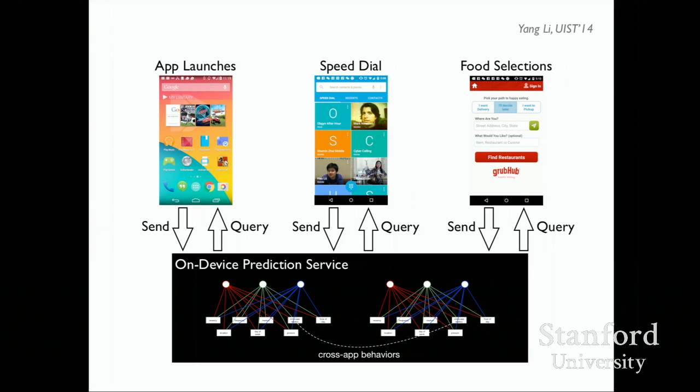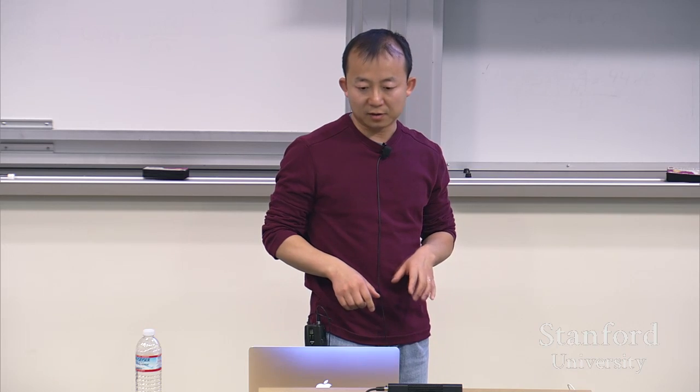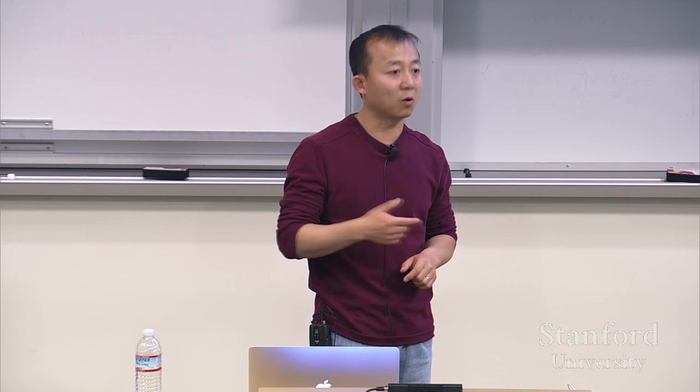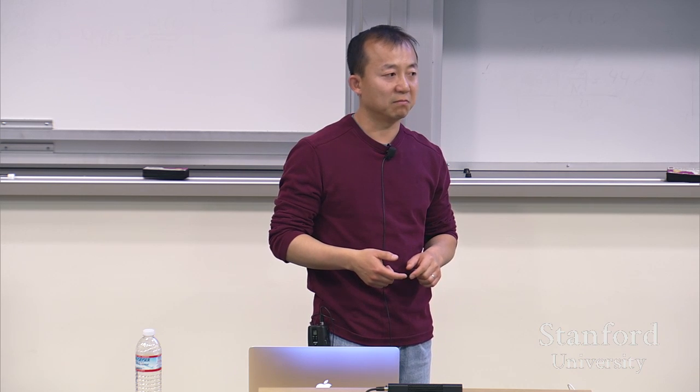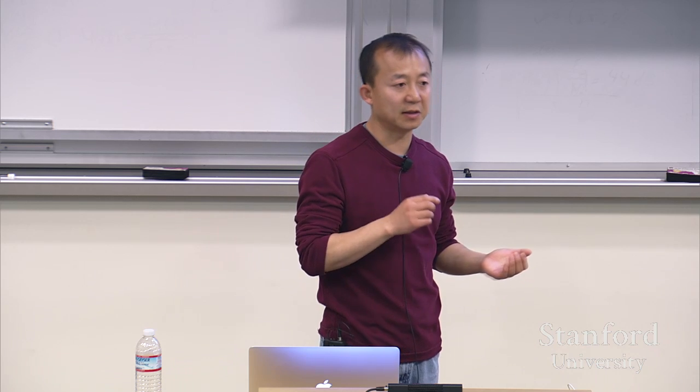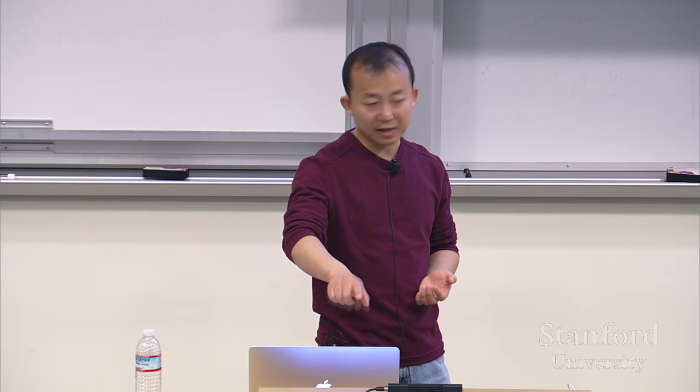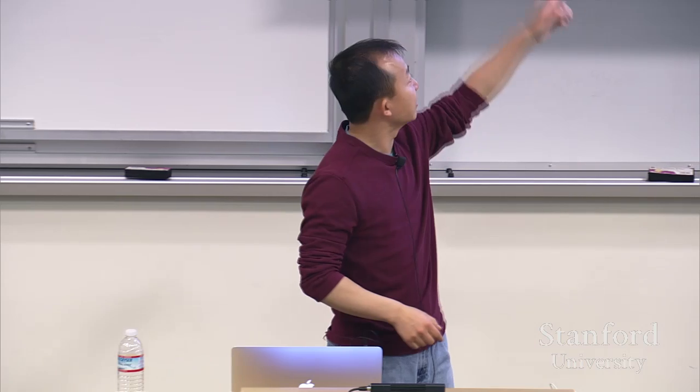And is there some requirement in the Android SDK that makes these events observable to you? Or does the application developer have to add them? That's a good question. The programming paradigm here is that it's up to the application to report what has actually happened in the application using this send API.